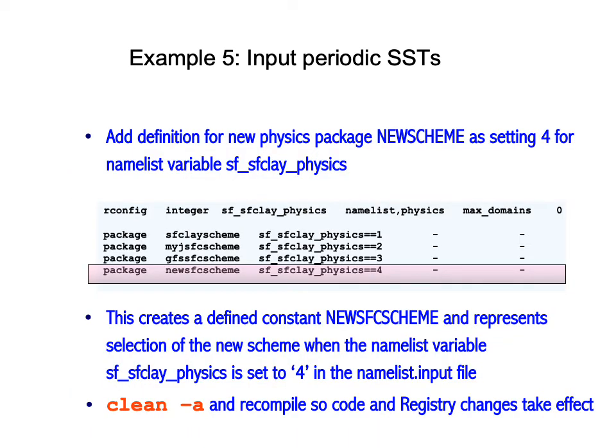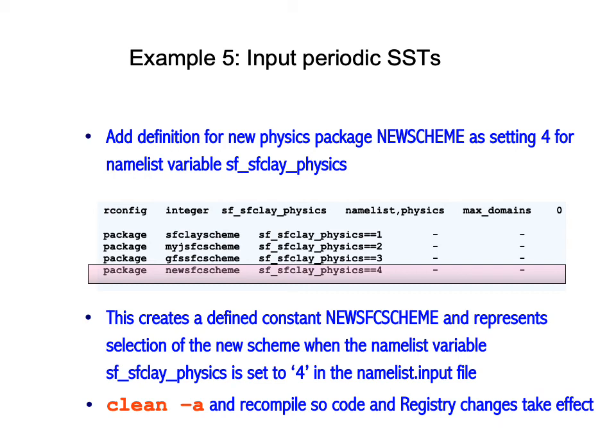The registry has a package, and now that we've seen that new SFC scheme enumerated constant, this is where it comes from. We say package, and then sfclay_physics equal to 4. So if the physics for the surface layer physics is equal to option number 4, then we're going to have this new SFC scheme be defined.